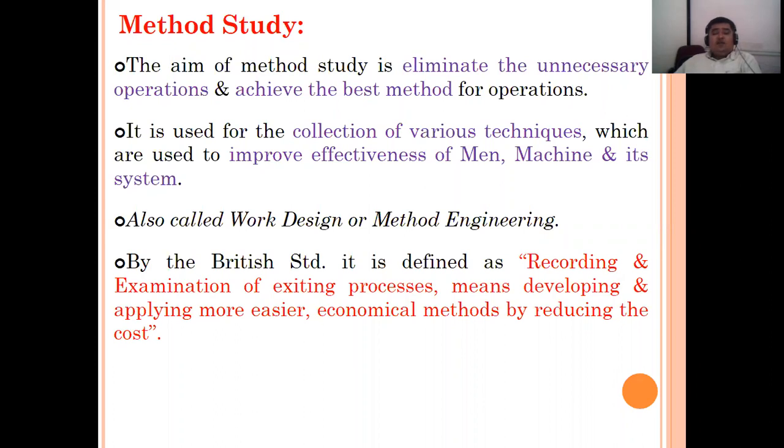Somebody may wonder how the effectiveness of a particular machine comes into this. Some machines, after 2 hours, may require what we can call shutdown time, or the machines may get hot, so we have to give them certain time. When you travel on a two-wheeler for a long distance, you might know that after 100 or 120 kilometers we take a stop so that the machine of the two-wheeler can cool down a little bit.